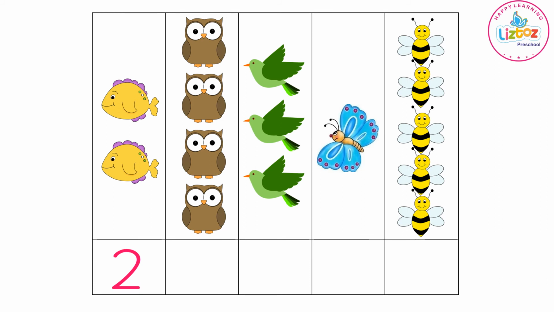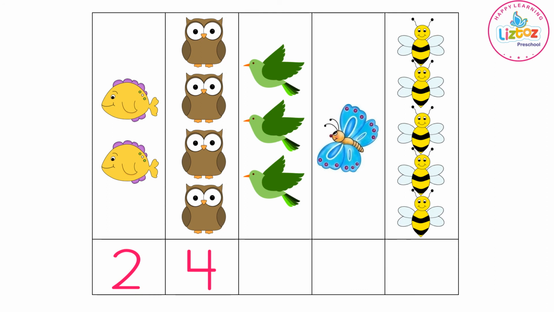What is that bird? Owl. How many owls are there? 1, 2, 3, 4. So in that box, what number do we have to write? 4.